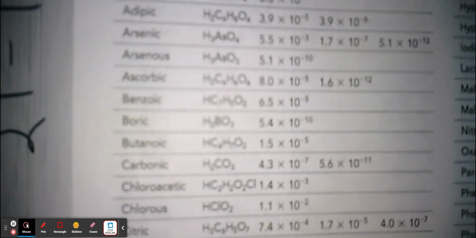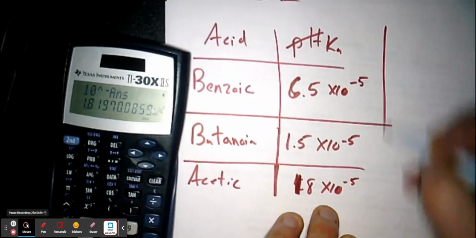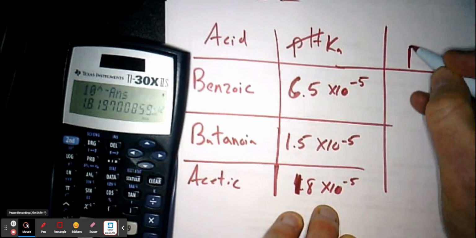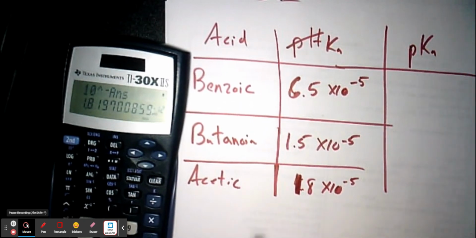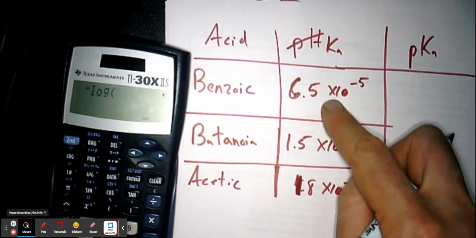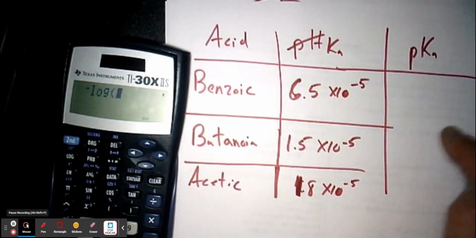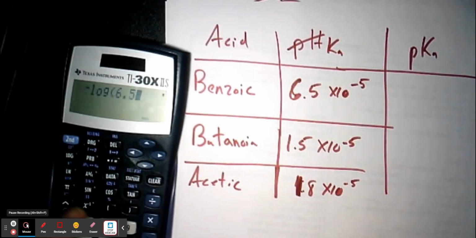So we want something that's a little closer, like this one, butanoic acid, 1.5 times 10 to the minus 5. So we've got some players here. They want us to be picked. All right, I'm going to write some of these values out. Got my 3 acids. All right. Now I want to know what's my pKa of these things. So I'm going to take the negative log of these numbers, and then I'm going to figure out the pKa.